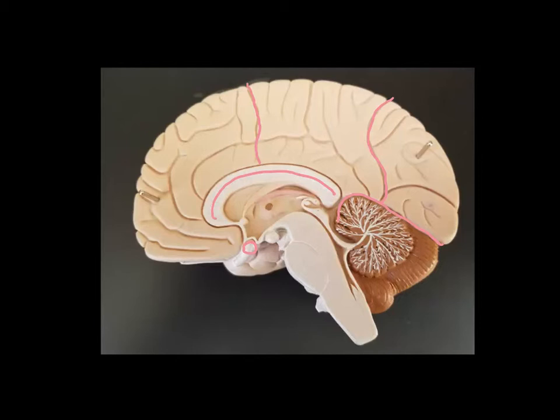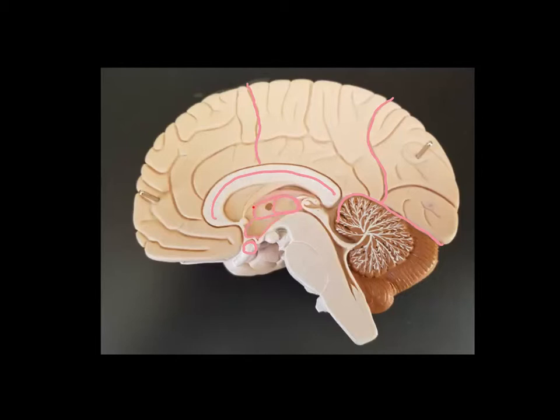Just in front of all of that, this area right here is the thalamus. Really, it's this whole area right here. The thalamus. And just below that, this area right here is the hypothalamus.